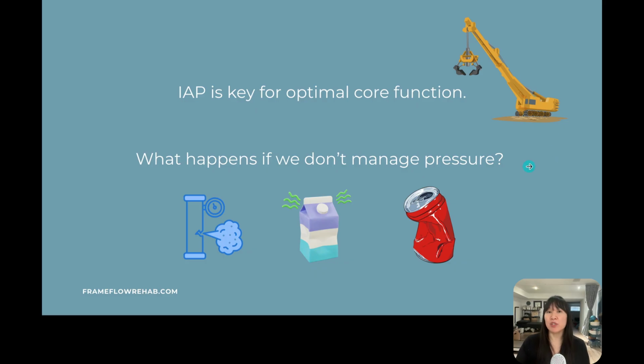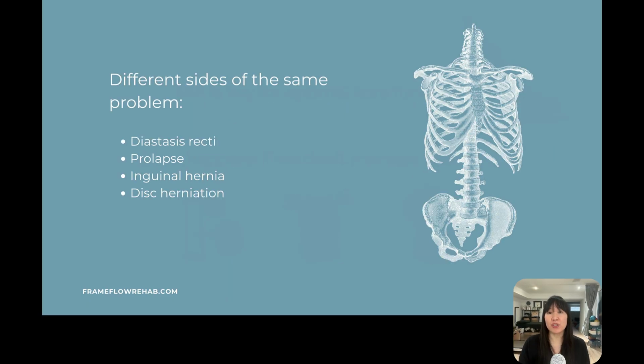But what happens if we don't manage that intra-abdominal pressure, as I mentioned earlier? What can go wrong? If we do have an issue with managing intra-abdominal pressure, we're looking at different sides of the same problem. In the front, it would look like a diastasis recti or an ab separation.